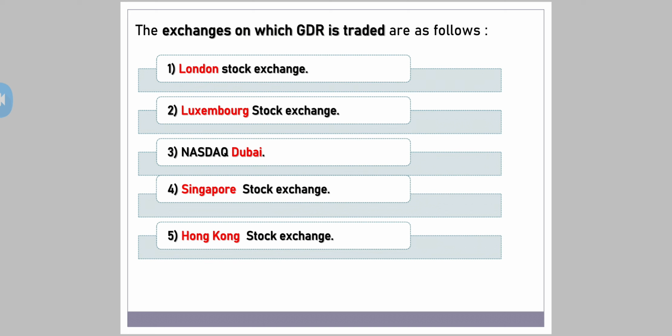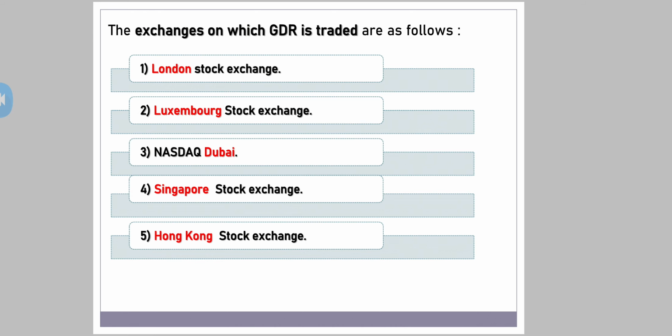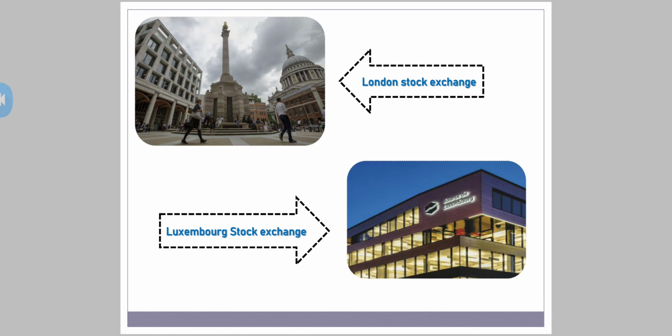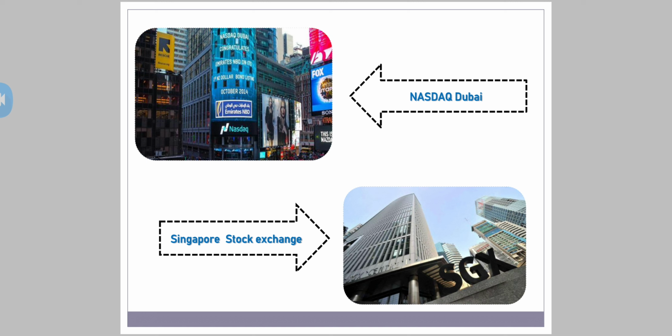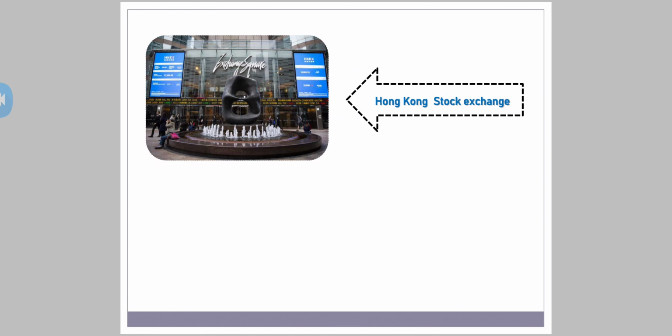This is all about ADR and GDR. Okay, this is a short, small topic. You can expect a single question, and most likely objective type questions, from this topic. See here, an image is given so that it would be easier for you all to remember: London Stock Exchange, Luxembourg Stock Exchange, Nasdaq Dubai, Singapore Stock Exchange and Hong Kong Stock Exchange.